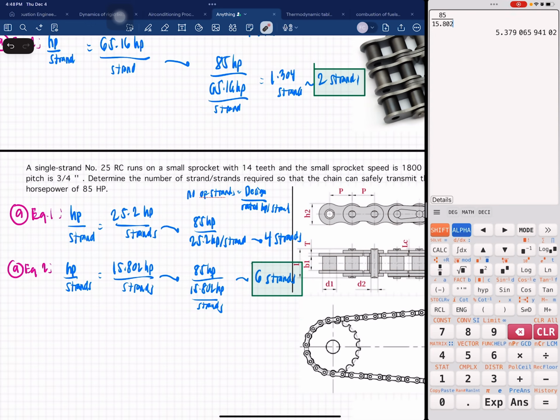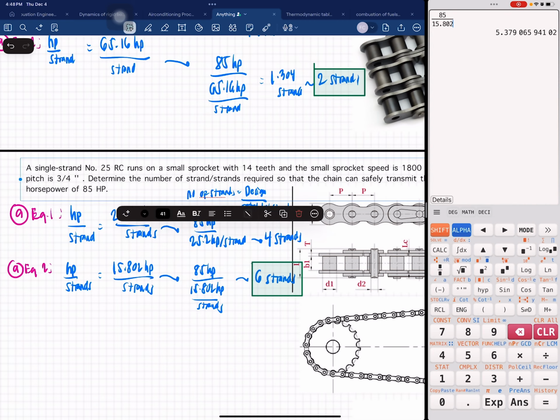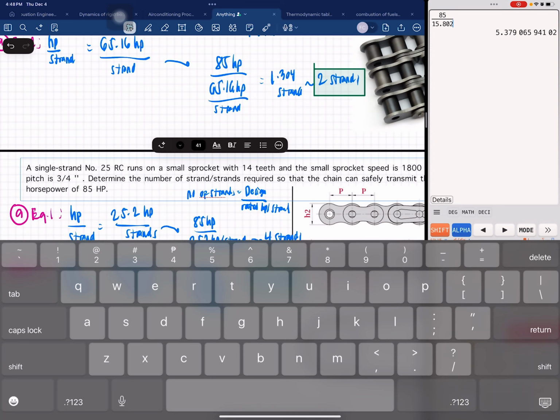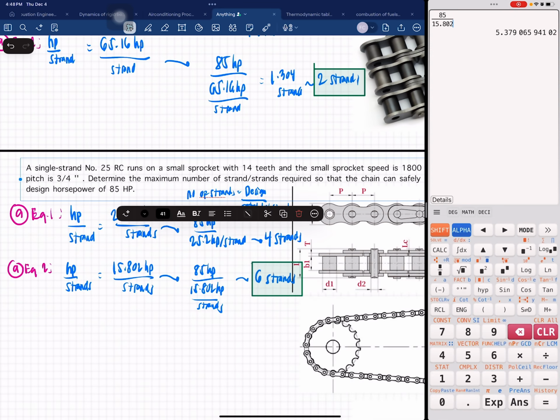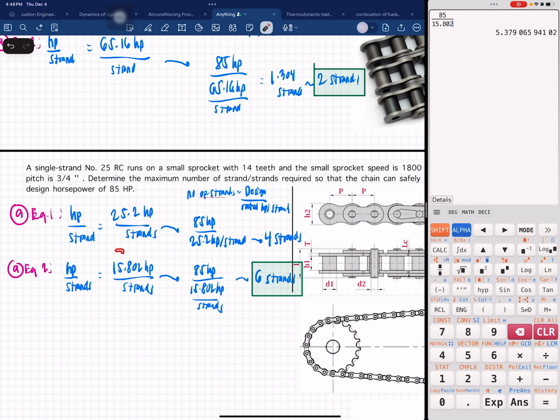Now, the problem will be easier if it states determine the maximum. If it's the maximum, we always go by the design, which is the lower HP or the lower rated power, to get the maximum strands.